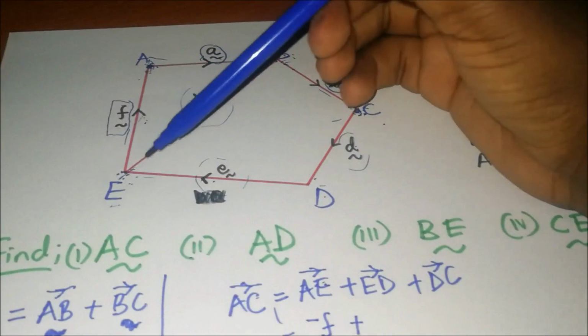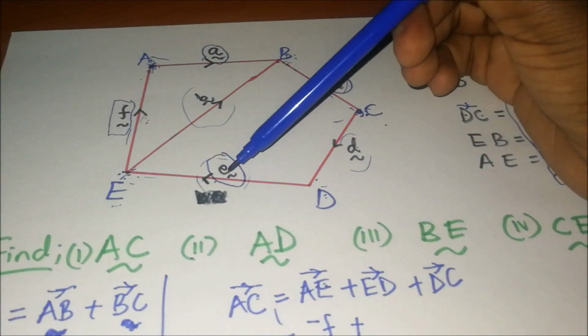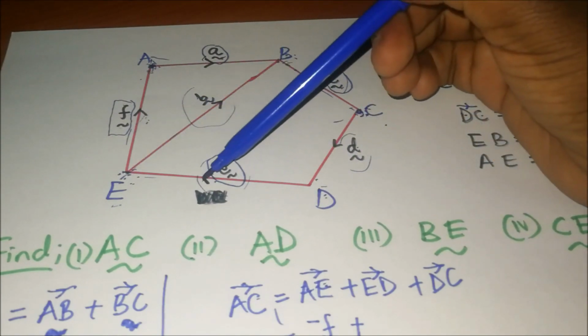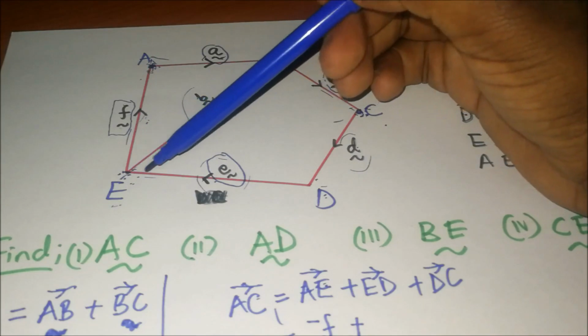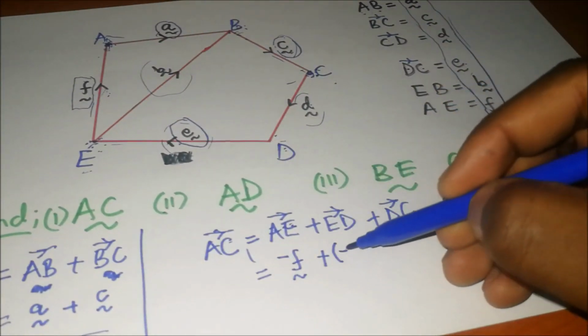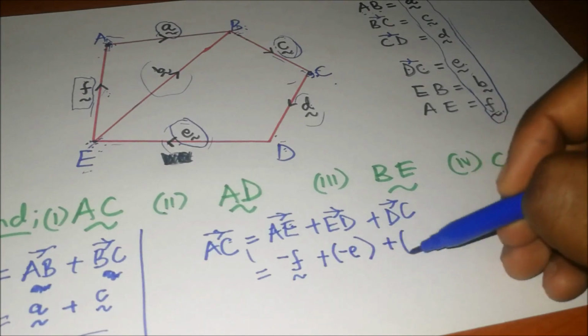What is ED? For me to move from E to D, ED is E. But E is defined by moving from D to E, as per the arrow. But since I'm moving in the opposite direction, this is going to become negative E, plus DC. Now what is DC?